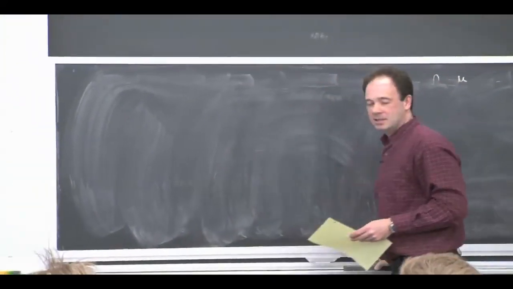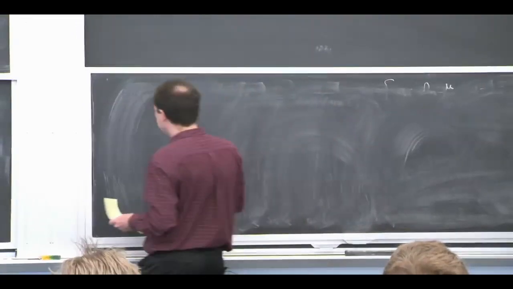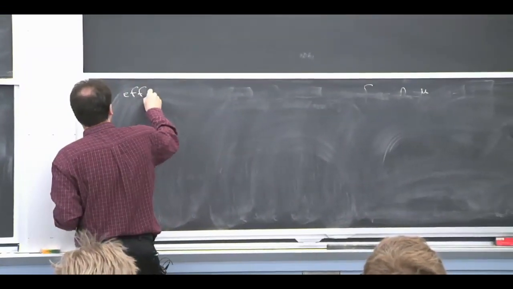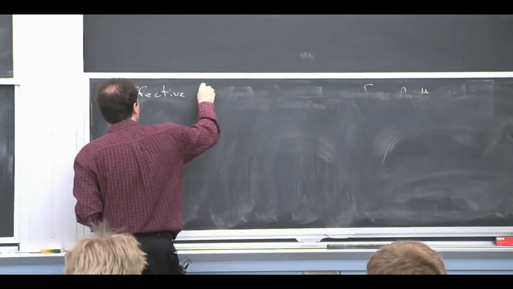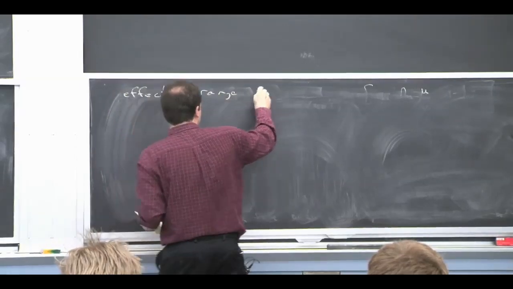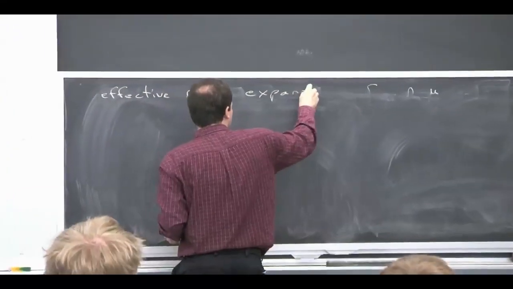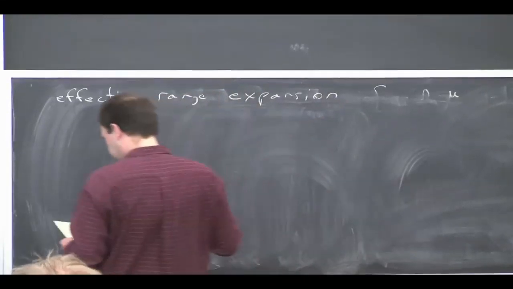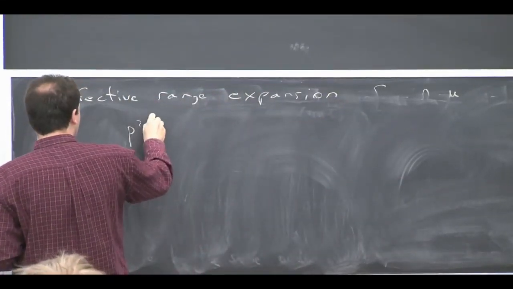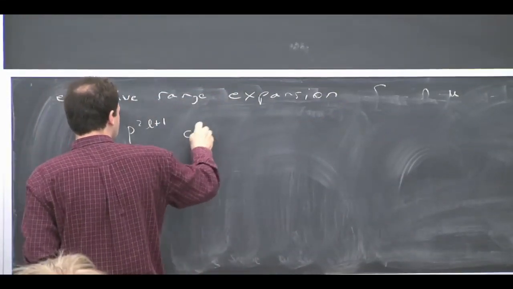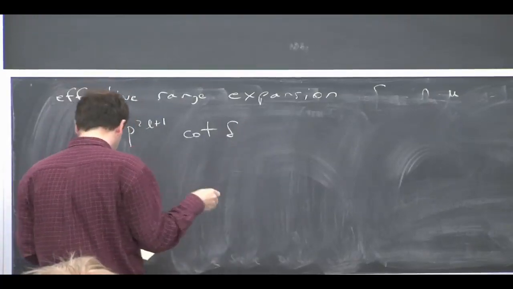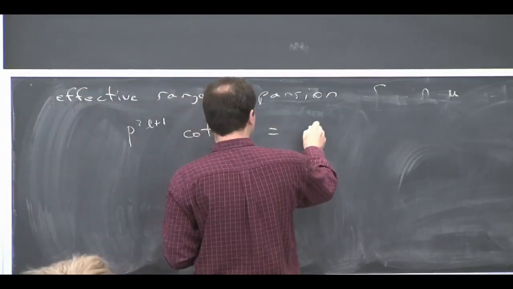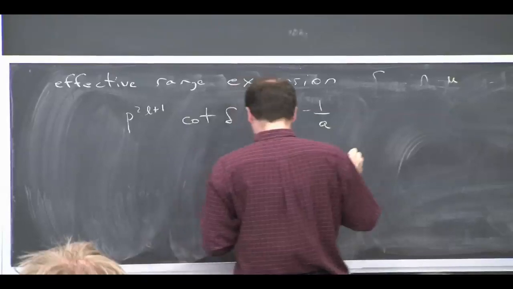And when you have an elastic scattering like that, there's something called the effective range expansion, which is a derivative expansion for the phase shift delta. If you do it for an arbitrary partial wave, this is how it looks. This is, again, something that you would find in a discussion of scattering theory in quantum mechanics.